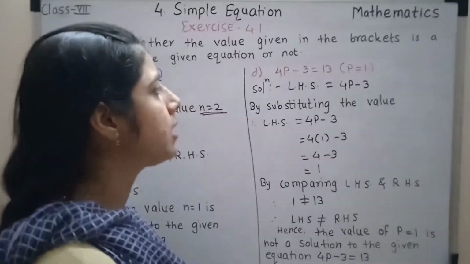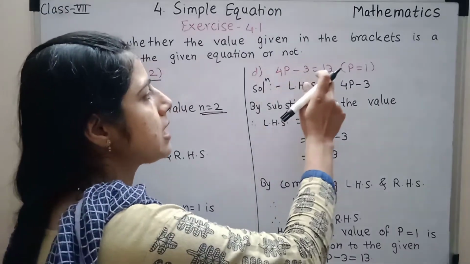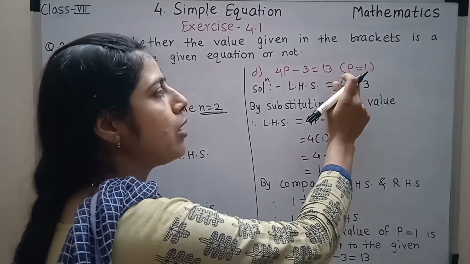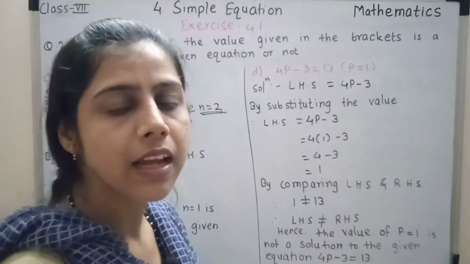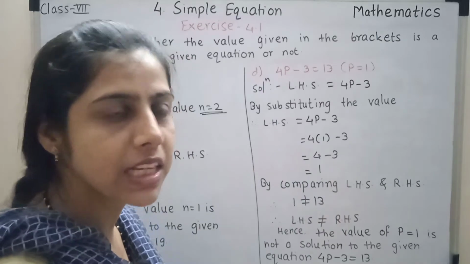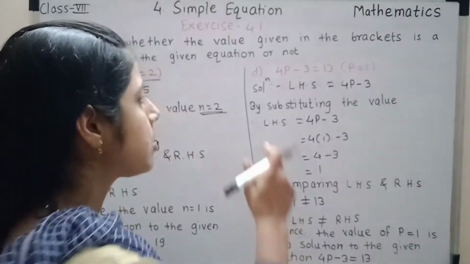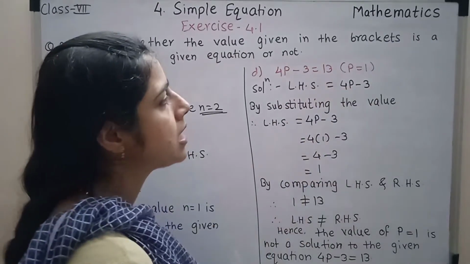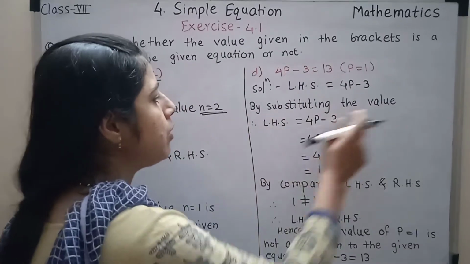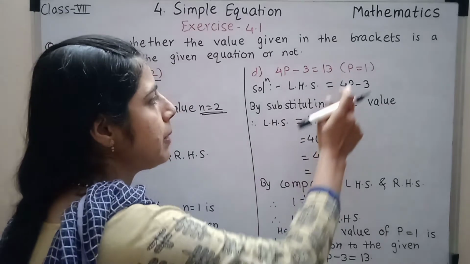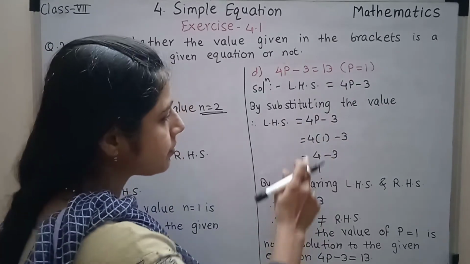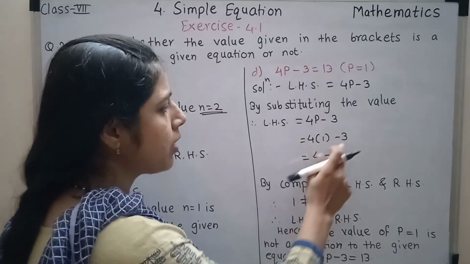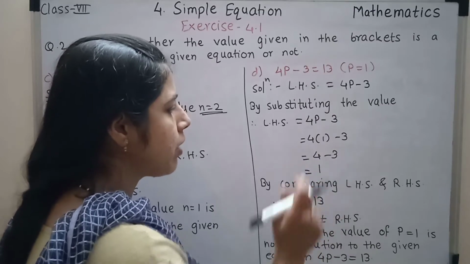Continuing with the next question, 4p minus 3 equal to 13, with the value p equal to 1. We need to check whether the p equal to 1 value satisfies the given equation or not. We will consider LHS equal to 4p minus 3. Substituting the value of p, put 1 here. So we get 4 1s are 4, minus 3, 4 minus 3 is 1.